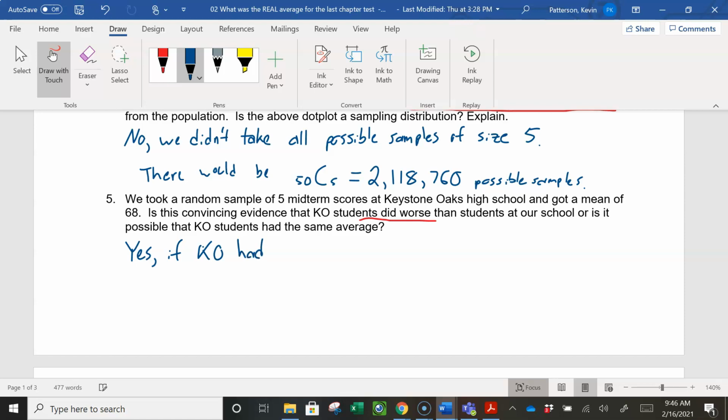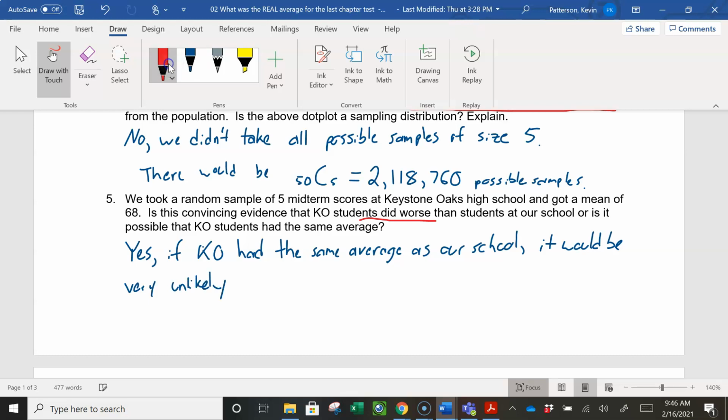If KO had the same average as our school, it would be very unlikely, and we're getting that number from 1 out of 30, which is equal to 3%, to get a sample mean of 68 or lower.